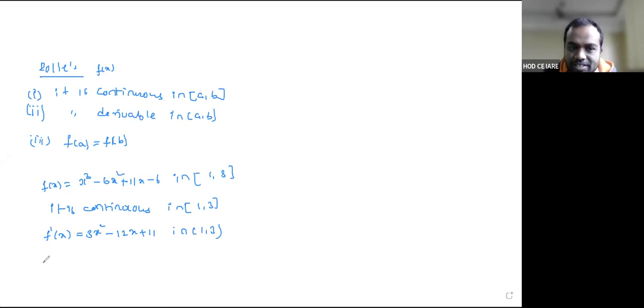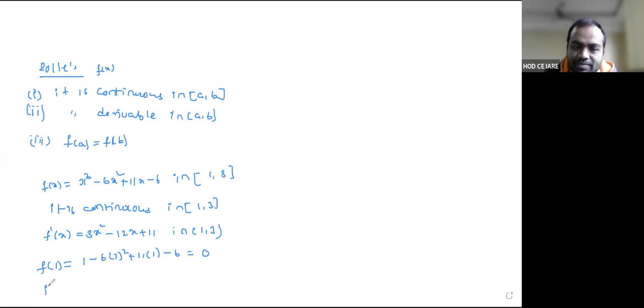For the third condition, we verify this. F of 1 is equal to 1 cube minus 6 into 1 square plus 11 into 1 minus 6, which is 1 minus 6 plus 11 minus 6, equal to 0.